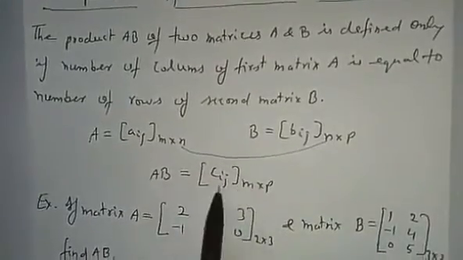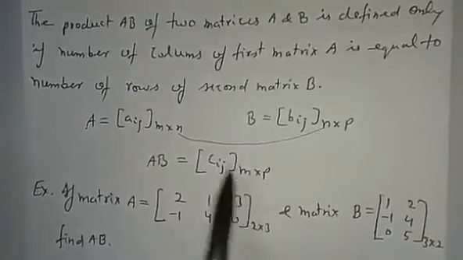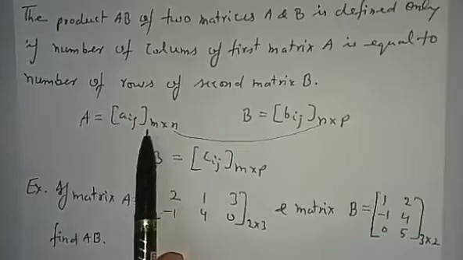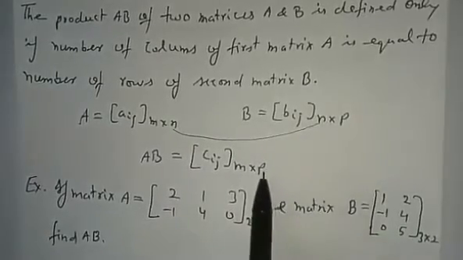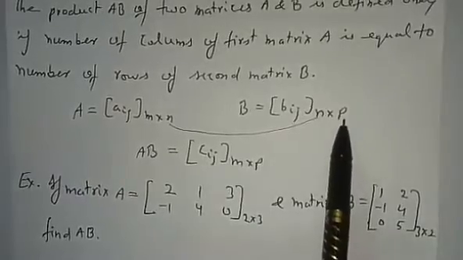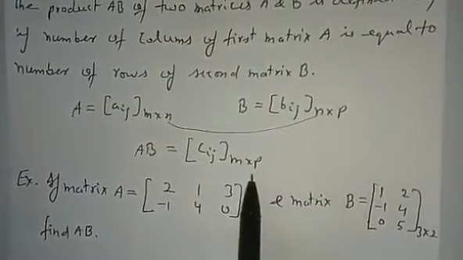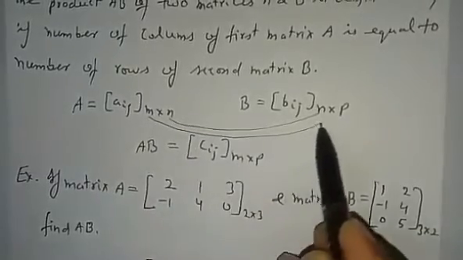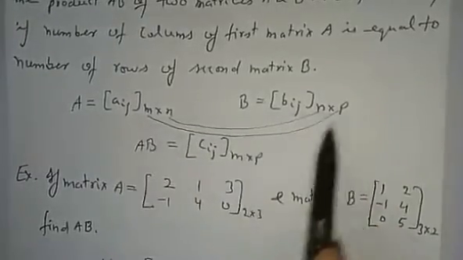The resultant matrix order will be number of rows of the first matrix, and number of columns of the resultant matrix will be number of columns of the second matrix. So in this way we have the order of the resultant matrix is m into p.